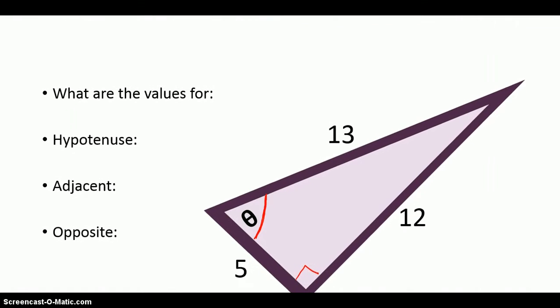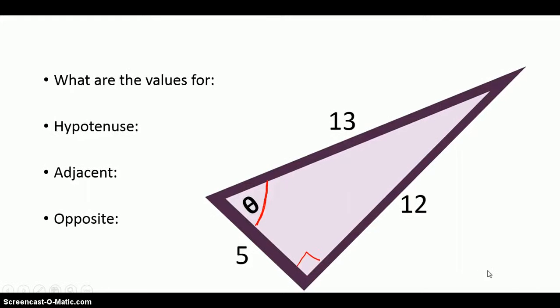So maybe if I just move this down a bit. So you can see, this will be our hypotenuse. This side here will be our opposite. And this side here will be our adjacent. Hopefully you can conclude that this is the case.